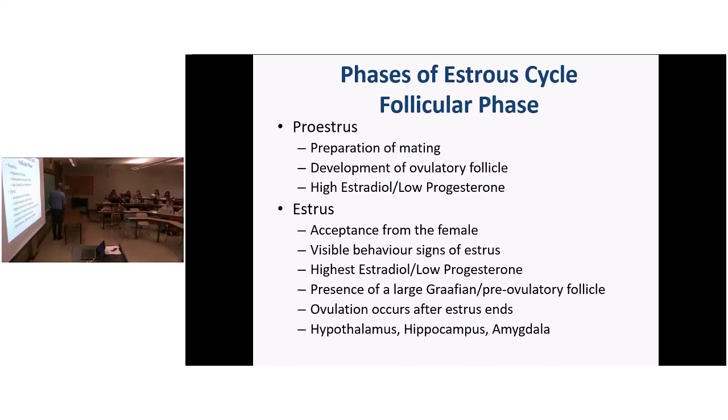If this went down, it's because at some point around here you have also some prostaglandin. So this is more FSH, this is more estradiol, this is more progesterone, this is a little bit of prostaglandin. This is a pretty basic description and illustration of the estrous cycle.